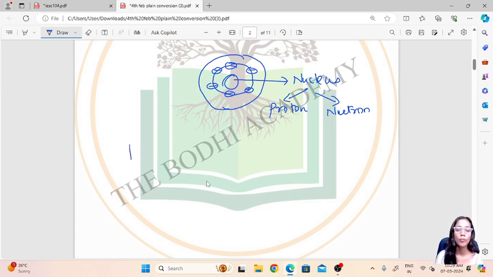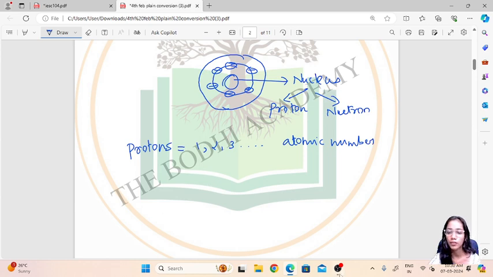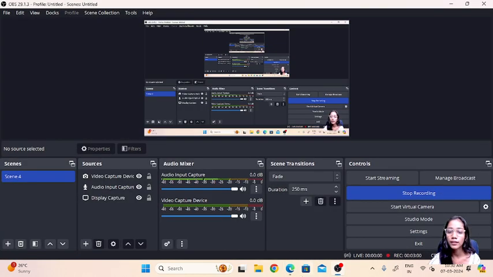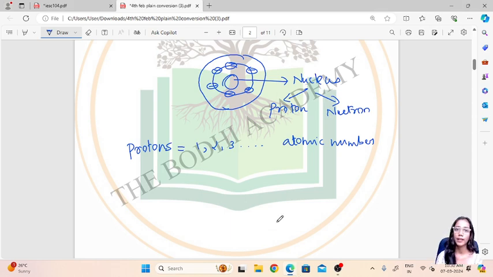So how many protons are present? The number of protons may be 1, 2, 3, etc. This tells the atomic number of an atom of an element, and all the atoms of an element have the same atomic number. So for carbon the atomic number is 6.